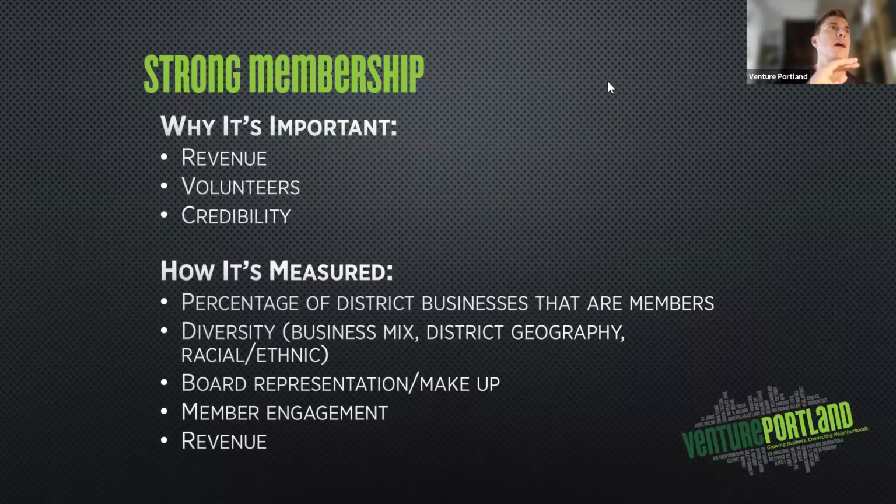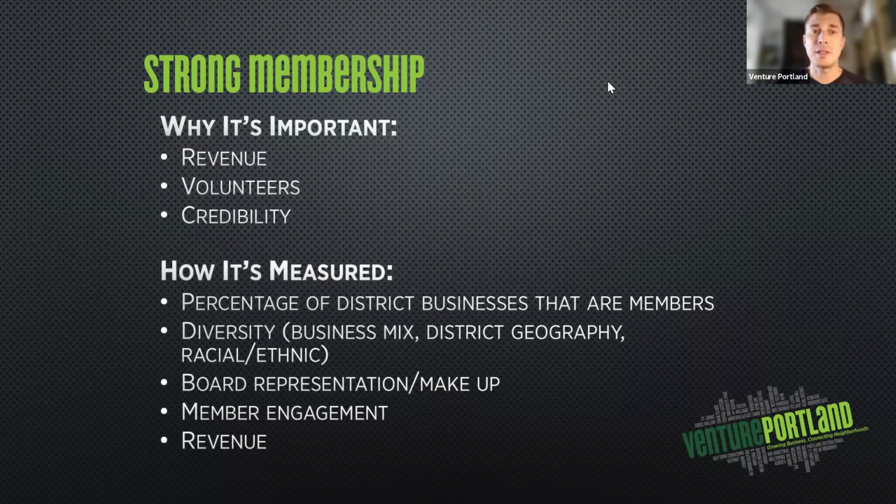So that's restaurants, retail, service businesses, home-based businesses. It could be geography. So if your district is larger and you have a couple of different commercial corridors or nodes, does your membership represent all those different corridors or nodes? And then finally, the more traditional sense of diversity is in the racial and ethnic makeup of the business owners that are members of the association.